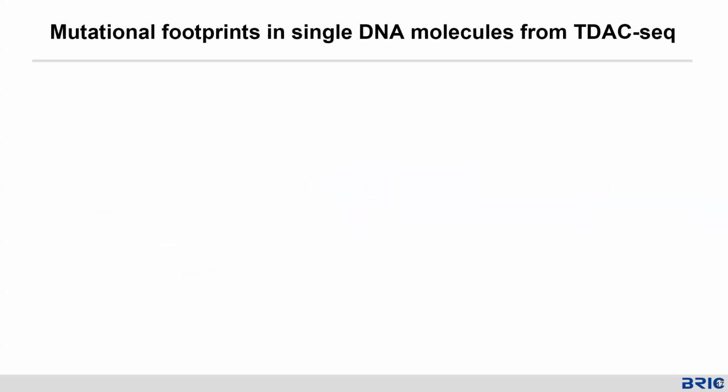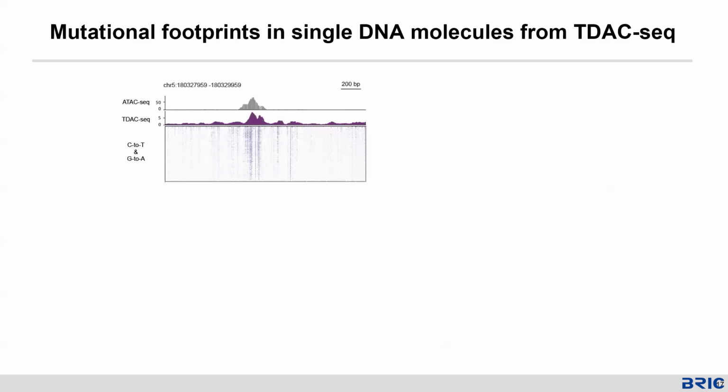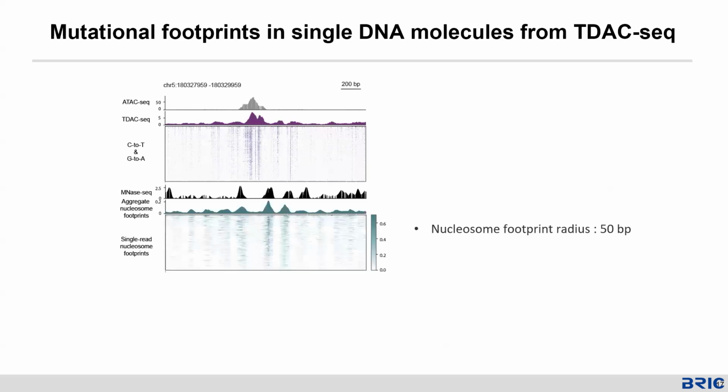The previous plot shows aggregate DDD footprints, and I also called mutational footprints in single DNA molecules from Tdaxic data. The purple plots here represent Tdaxic raw signal detected as C2T or G2A mutations. The green plot here indicates the nucleosome footprints using a 50 base pair footprint window.